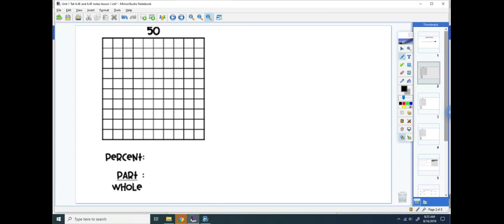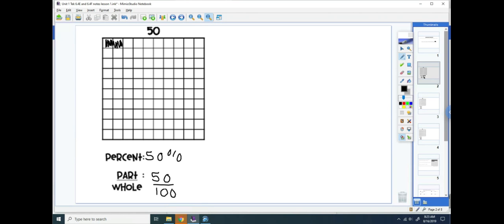So the first example we have is we're going to use this hundreds model to shade the following quantities. So we have 50, which means we're going to shade 50%. So 50% will mean 50 out of 100, so we're going to shade 50 squares out of the 100.